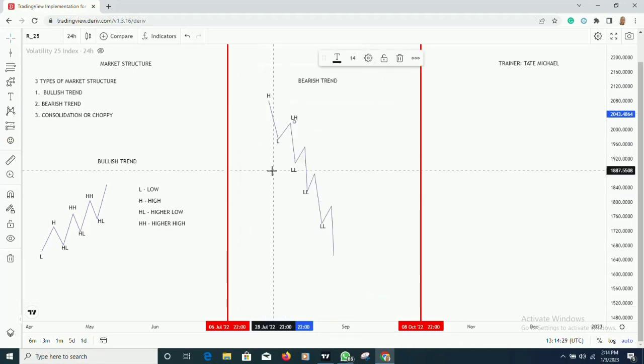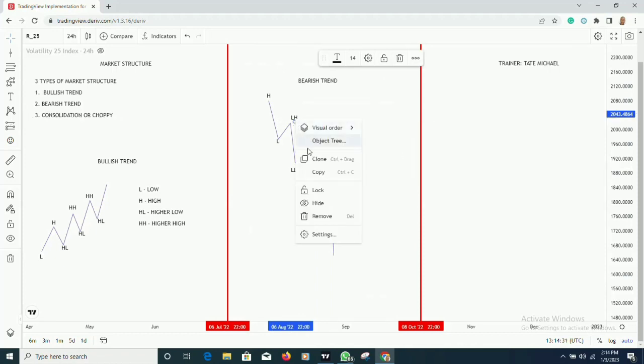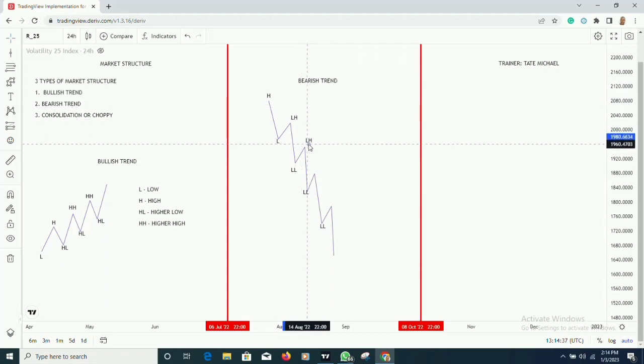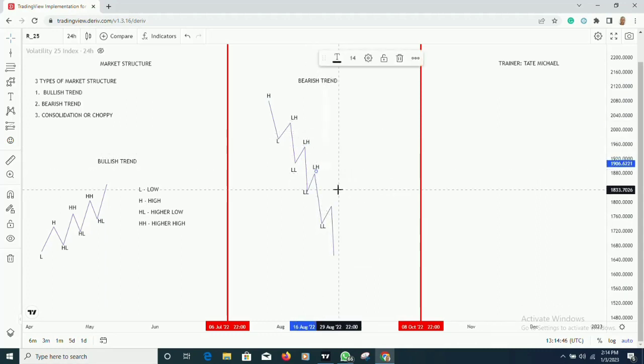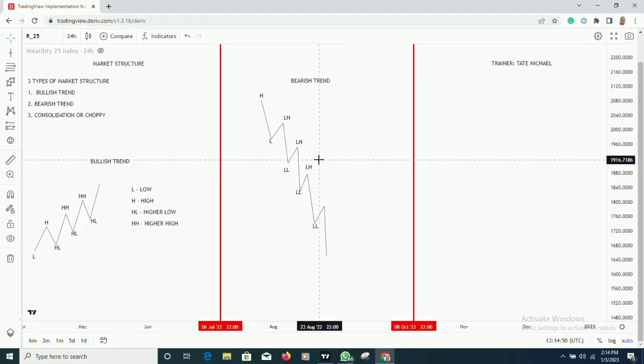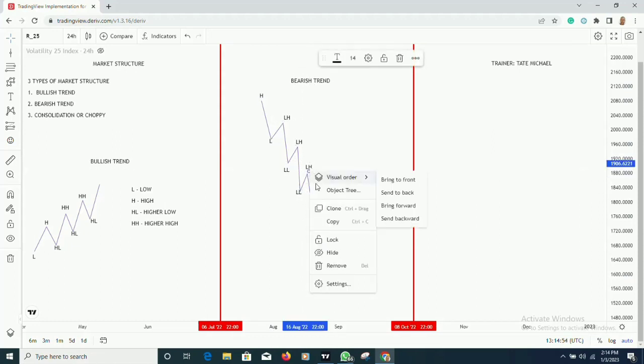Just like the bullish trend, it's called the lower high, just the opposite of it. Lower high here, lower high here too, and lower high here.